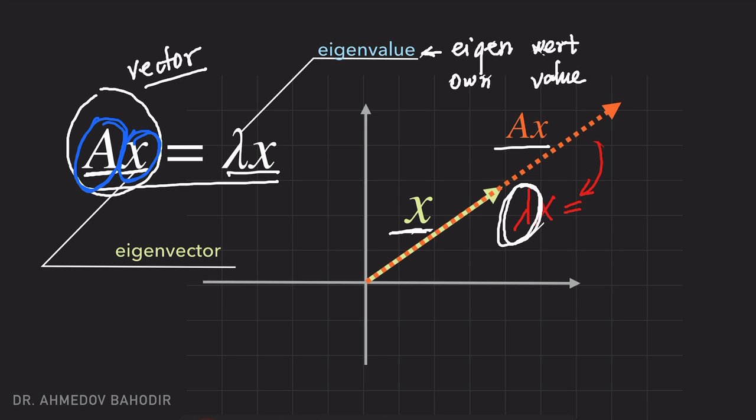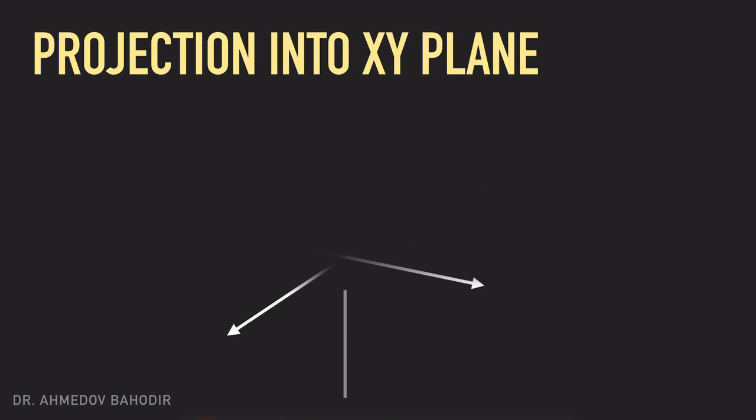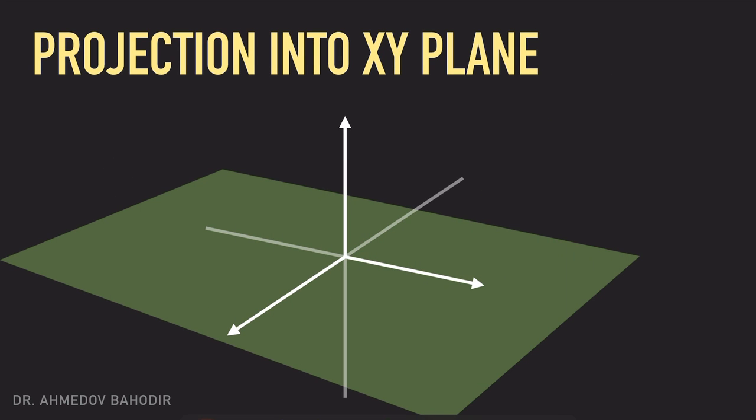So let's consider some examples. Let's say we are given the projection matrices. Previously we talked about the projection matrices. We said that if you're given any vector b, and if you multiply this by some projection matrix P, it's going to project this vector onto the subspace, right?